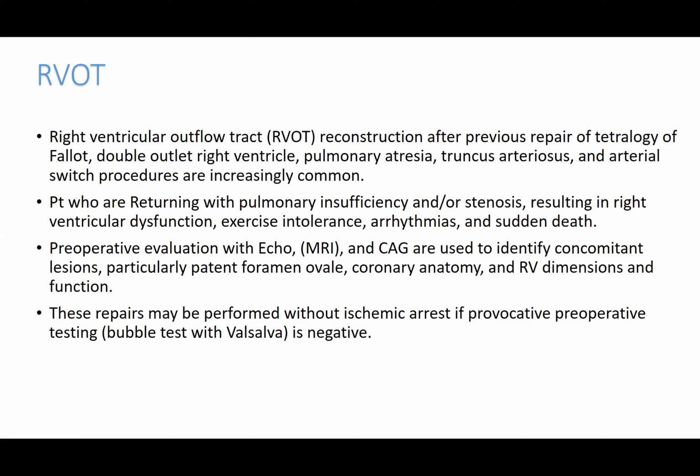As a preoperative evaluation, echo, MRI, and angio are important, used to identify concomitant lesions, particularly the patent foramen ovale, coronary anatomy as well, and RV dimensions with the function. These repairs may be performed without ischemic arrest.